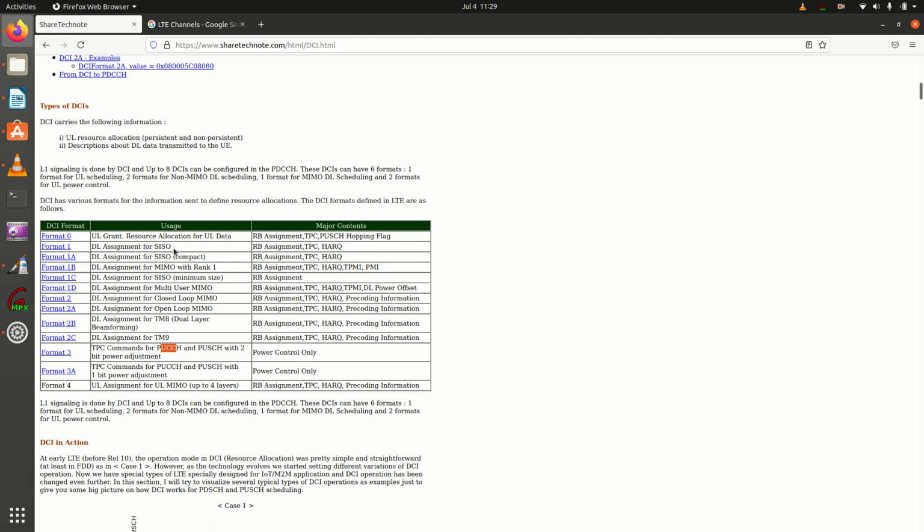If my eNodeB supports SISO, then it will use format 1. If it is MIMO with rank 1, then it will use format 1B. If it's multi-user MIMO, it will use 1D. If it's closed loop, open loop, depending on all these MIMO techniques, these DCI formats are defined in LTE, but the main information that DCI carries is the downlink assignment, that is PDSCH assignment.